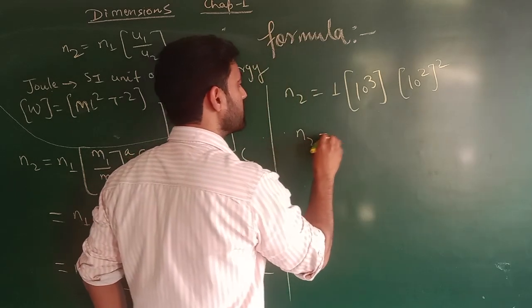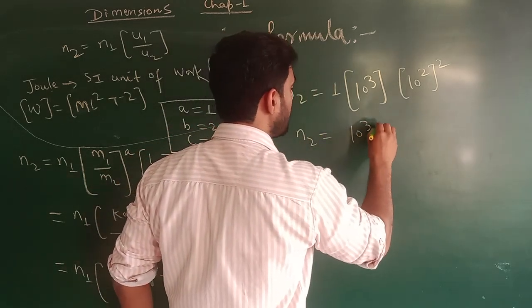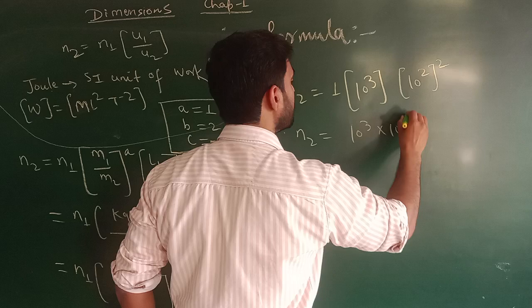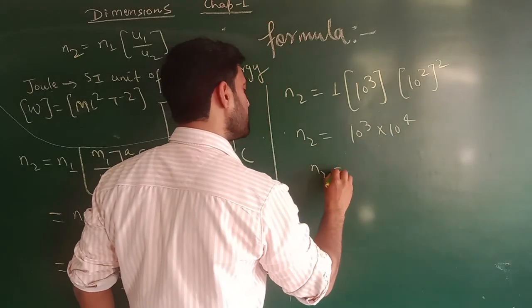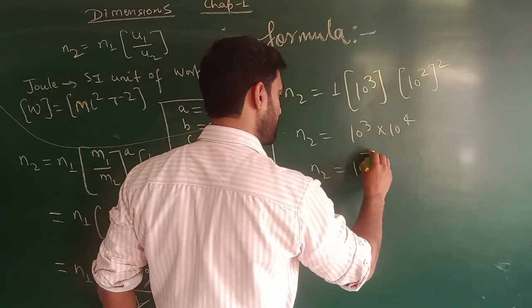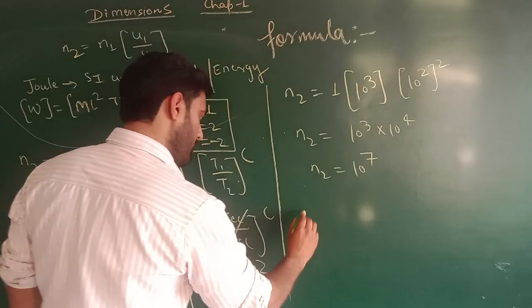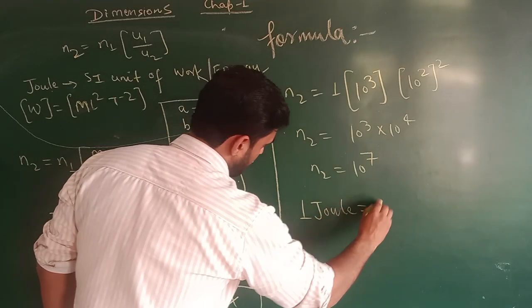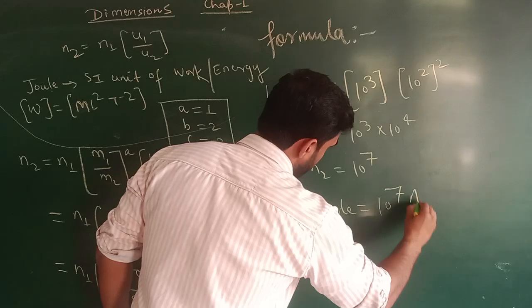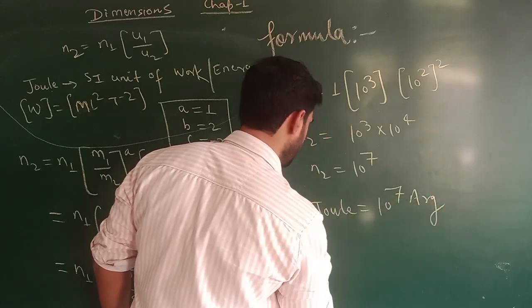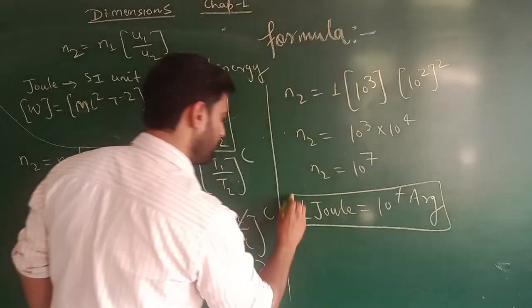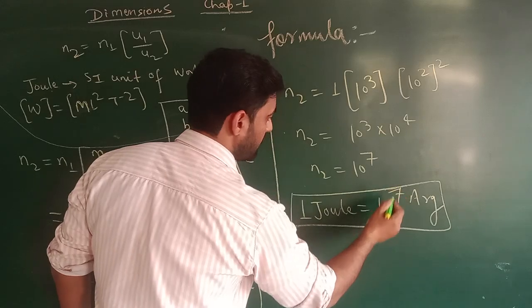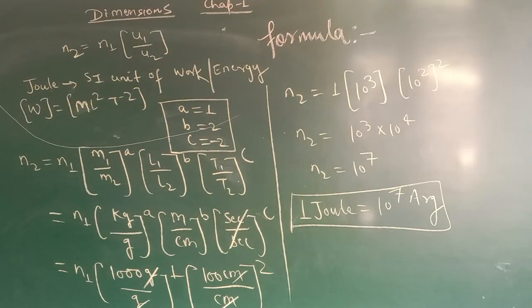So N2 is equal to 10 power 3 multiplied by 10 power 4. So N2 equals 10 power 4 plus 3, 7. So that means 1 joule equals 10 power 7 erg. This is the answer.